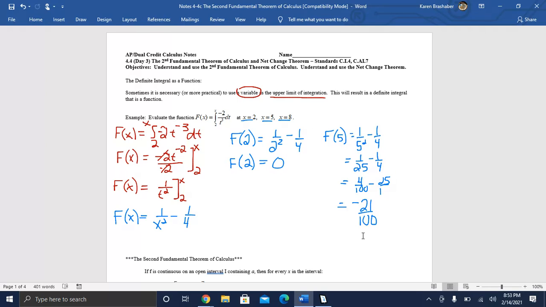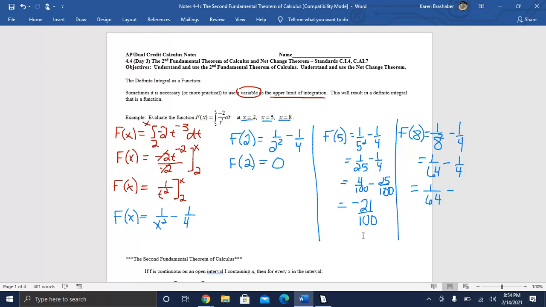And then our last substitution, we have f of 8. And again, that is 1 over 8 squared minus 1 over 4. So we'll have 1/64 minus a fourth, getting a common denominator of 64.